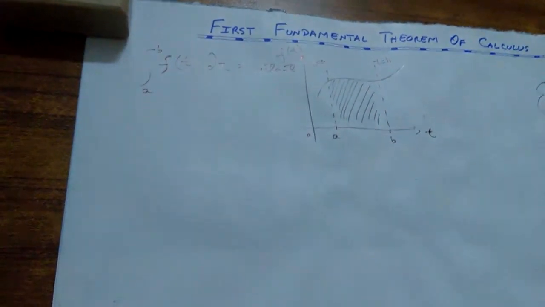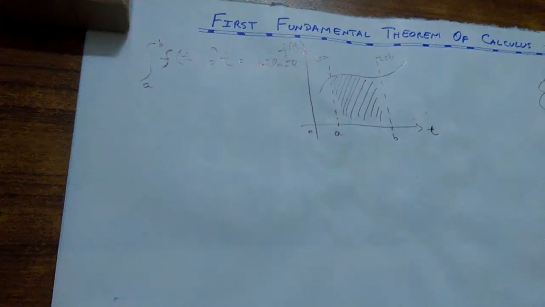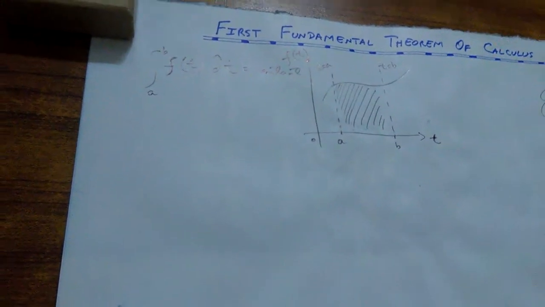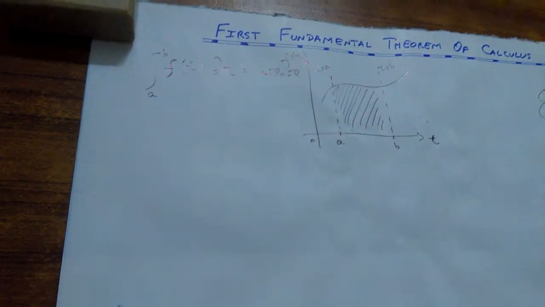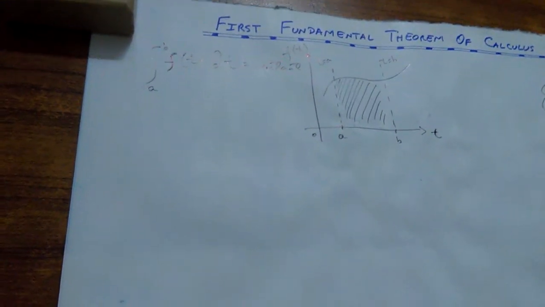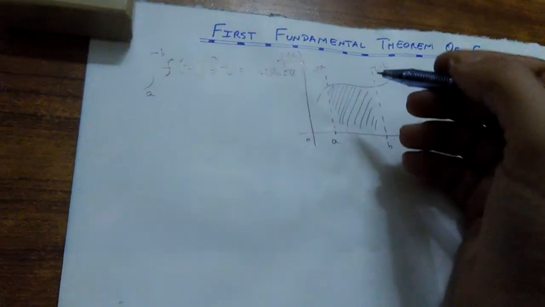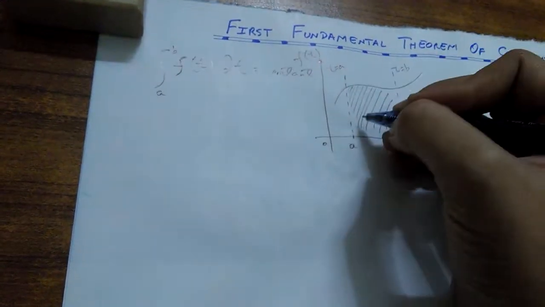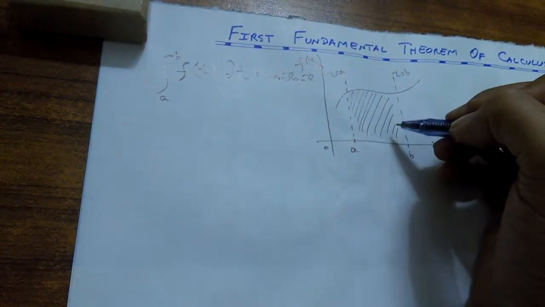The link of that video is in the description box, and also the explanation of the tangent line and derivatives, you can see the corresponding video link in the description box as well. Both of those videos are really going to help you a lot in understanding the first fundamental theorem of calculus. We take the help of the Riemann sum in finding the area under the curve.